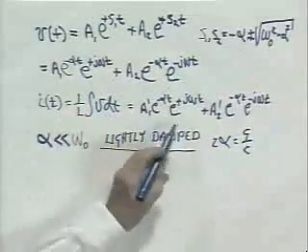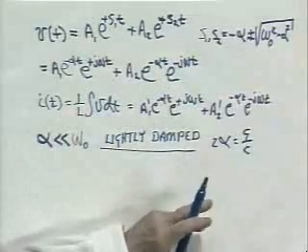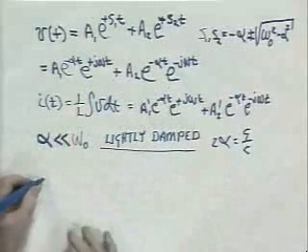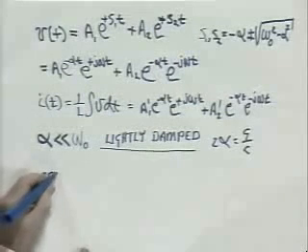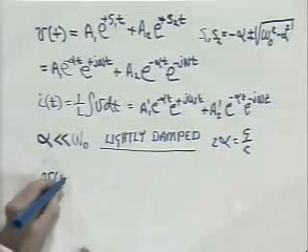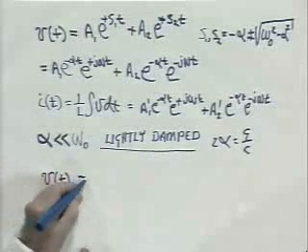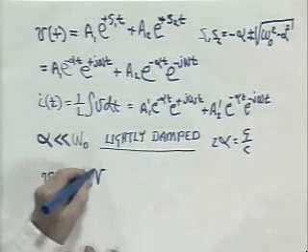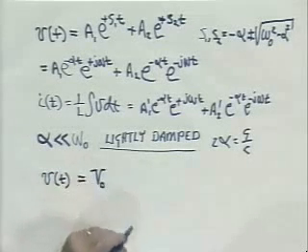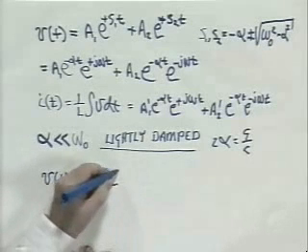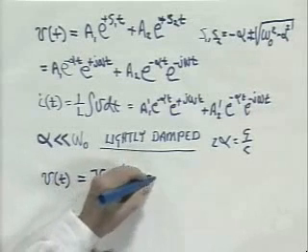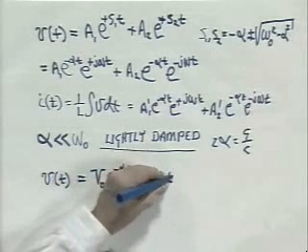If we do that, these exponentials combine nicely using the Euler equation to give you two functions, not of complex exponentials, but of sines and cosines. And specifically, V of t turns out to be V0 e to the minus alpha t cosine omega naught t.